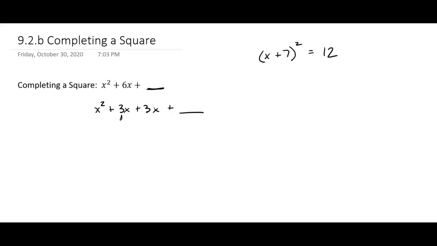But remember, this would be the a, and this would be the b. And so that 3 would be the b. So we want b squared here, so we want 3 squared, which is 9. So to complete the square, we need a 9 here.